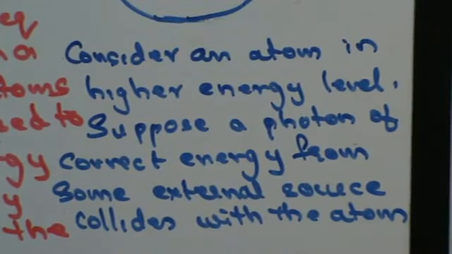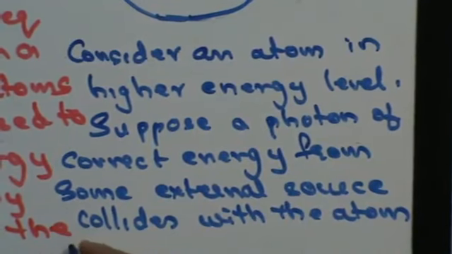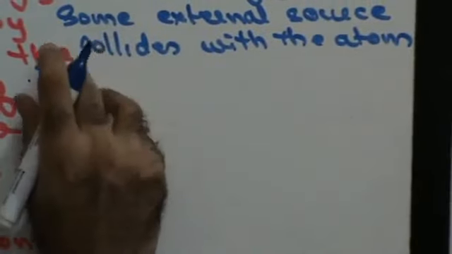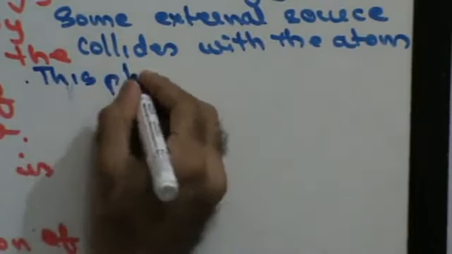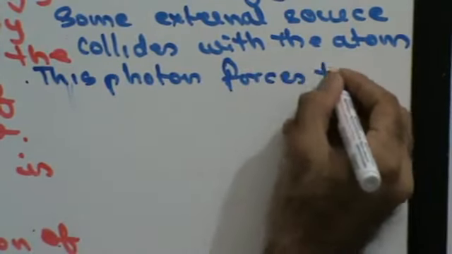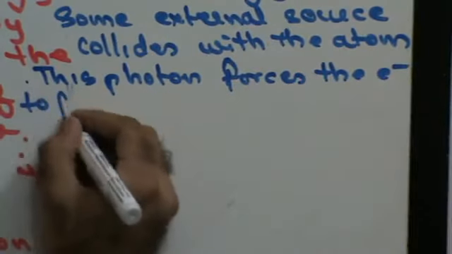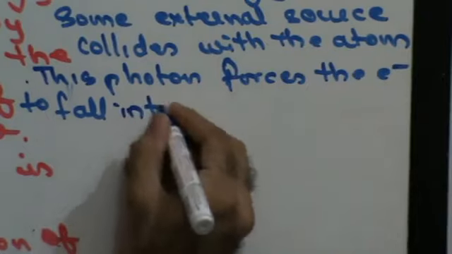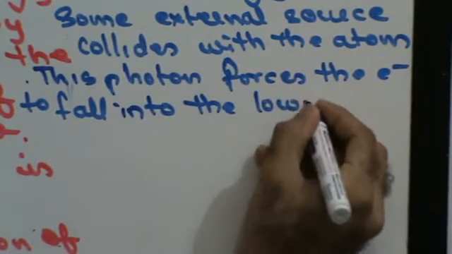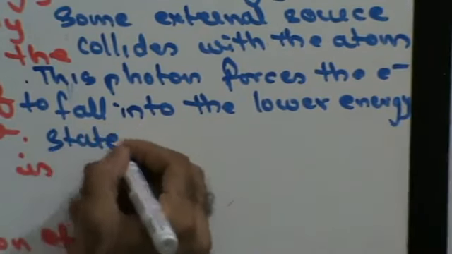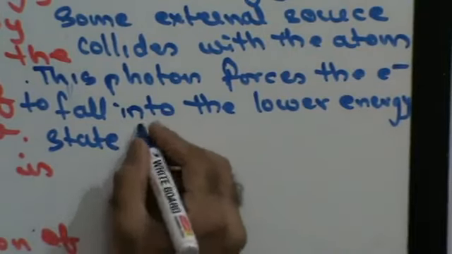The photon forces the electron to fall. This photon forces the electron to fall into the lower energy state by emitting a photon.